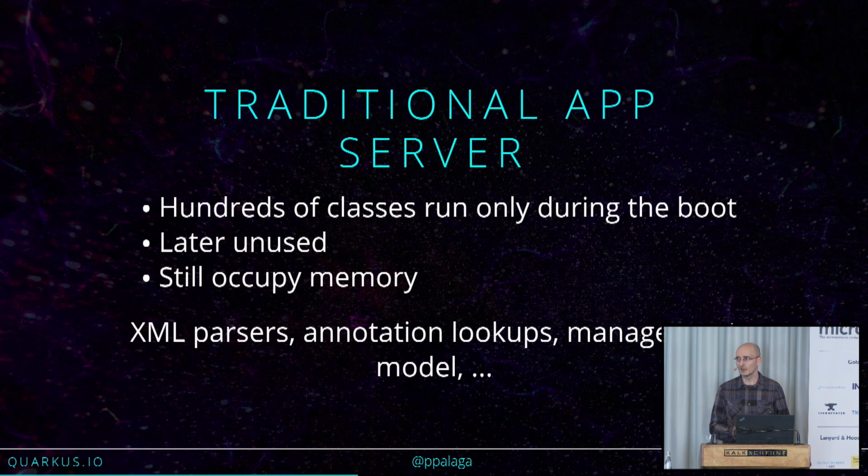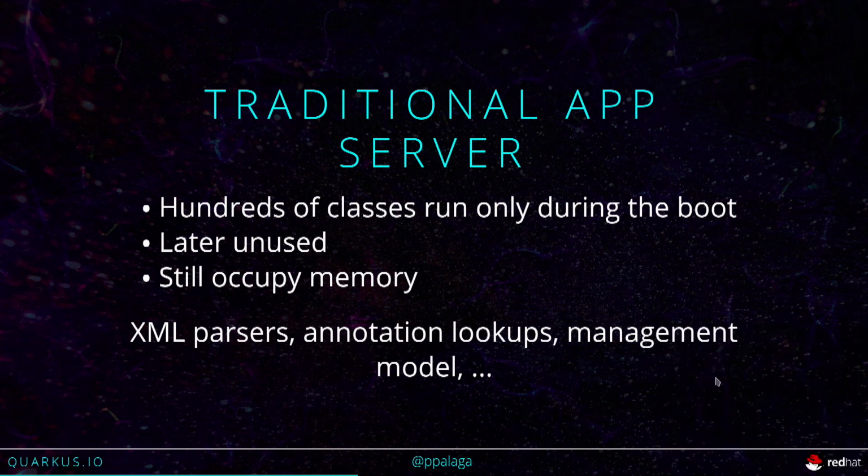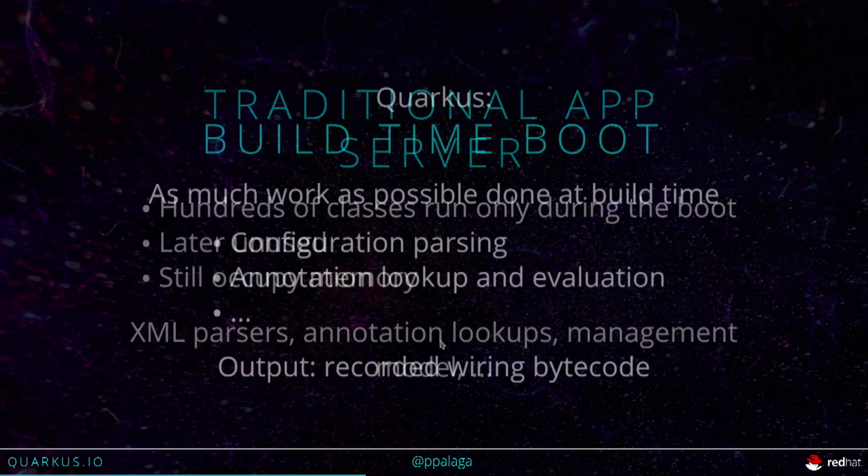And this, in the first place, takes time during the boot and deployment. And second, those classes occupy space during the whole lifetime of the application. And this is XML parsers, annotation lookups, and even evaluation of those annotations, management model, and so on.